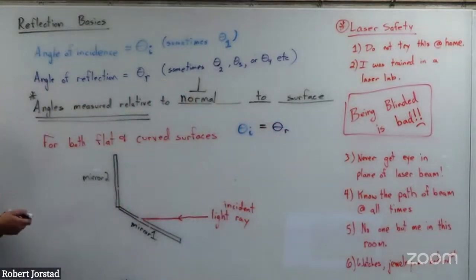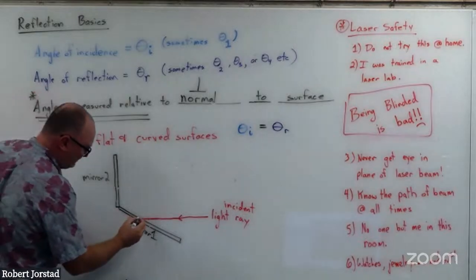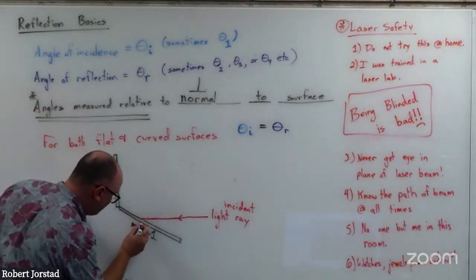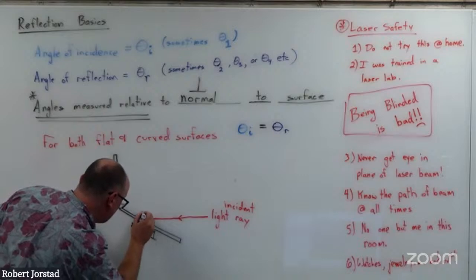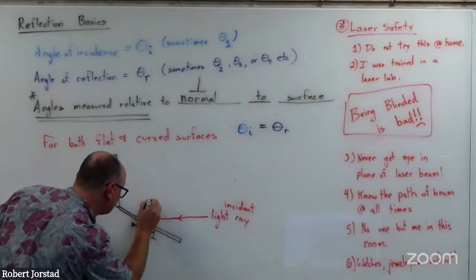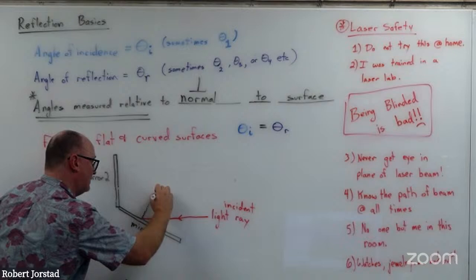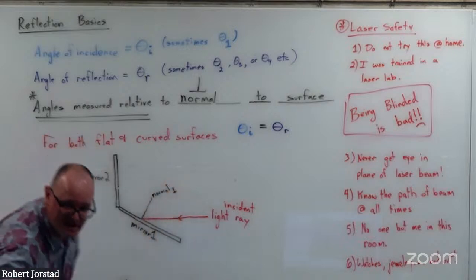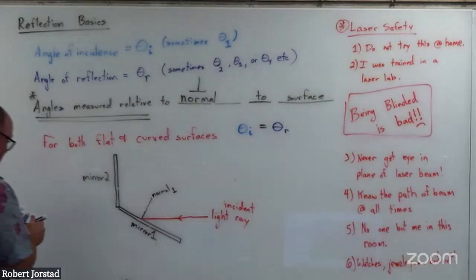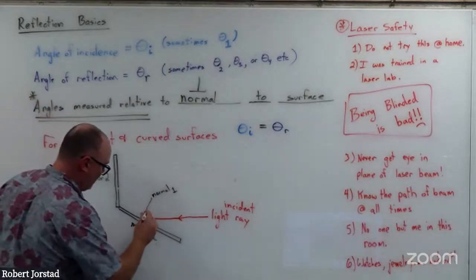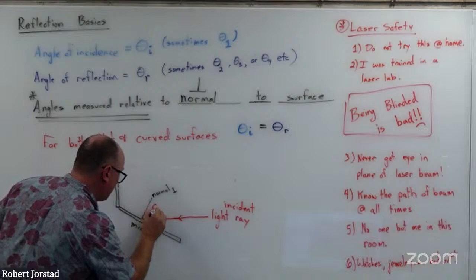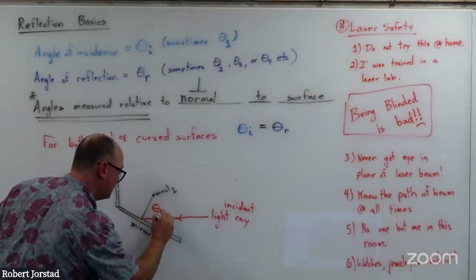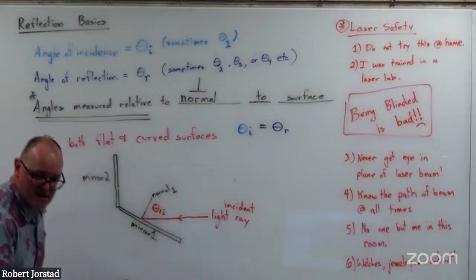Let's look at how this plays out in a practical example. I'm going to try to draw this perpendicular as best I can. I'll get out of the way in a minute. So this is the normal. I'll call that normal 1. Can you read that? Kind of. All right. This we could call theta 1 incident.